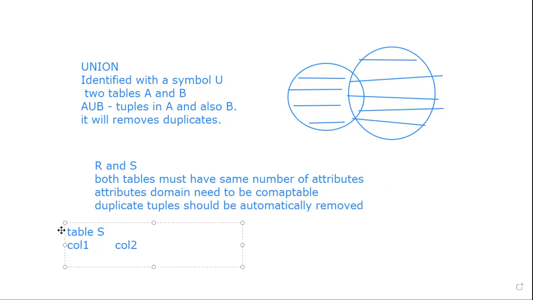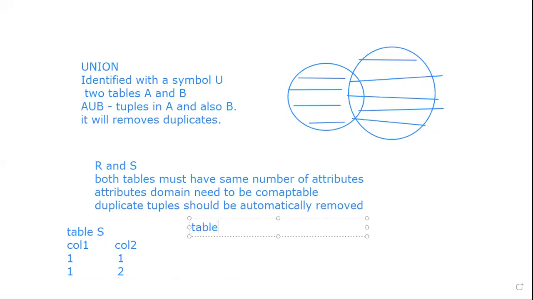The values are 1, 1 and 1, 2. So this is the first table, which contains 2 attributes, column 1 and column 2, and 2 tuples. Next, take another table, table R.